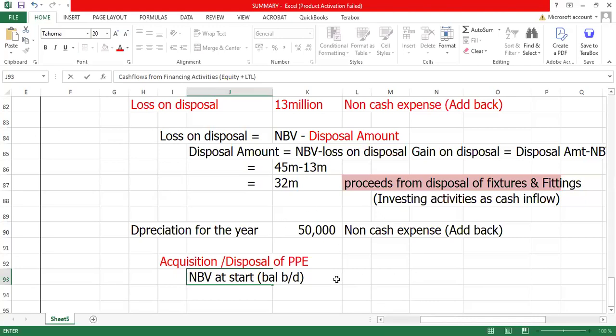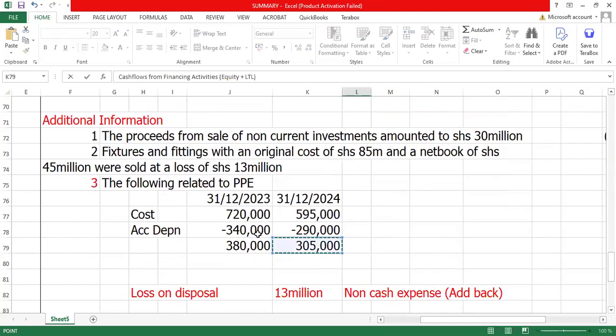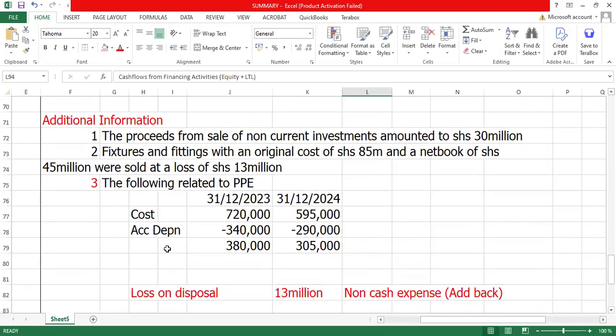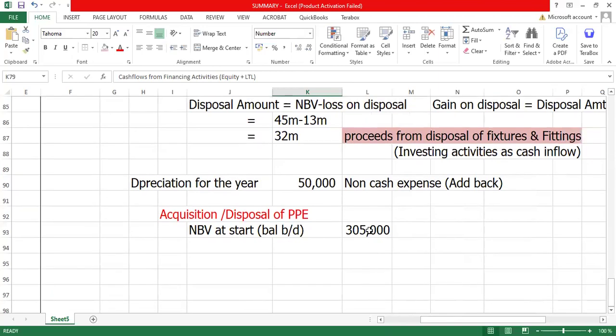And what is that balance brought down? You have it. Balance brought down is this one, because what you have here is net book value. If you're not given that, you can first look for it. So you have the net book value.